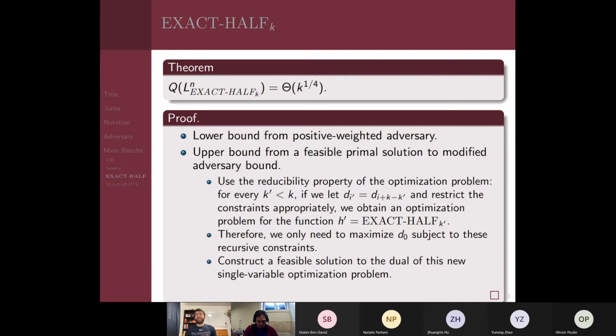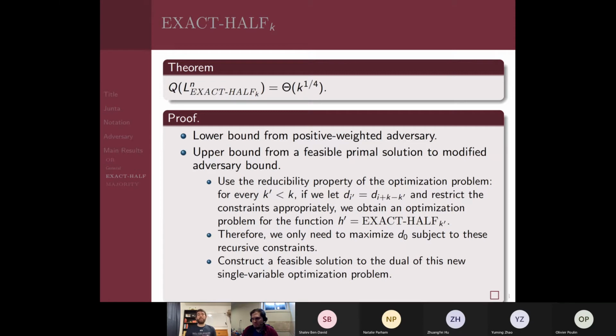So what he does is he shows that it satisfies this reducibility property: that for every k prime less than k, if you essentially define d_i prime equal to d_(i plus k minus k prime), so essentially you just take the rightmost k prime elements of this vector, from d0 up to dk, and you restrict these constraints appropriately, you end up getting an optimization problem for the function h prime, which is the exact half on k prime, and it ends up satisfying the same properties.